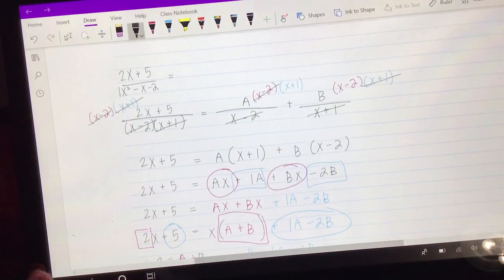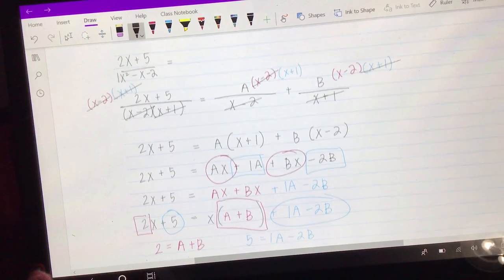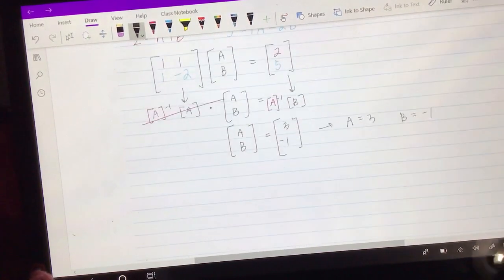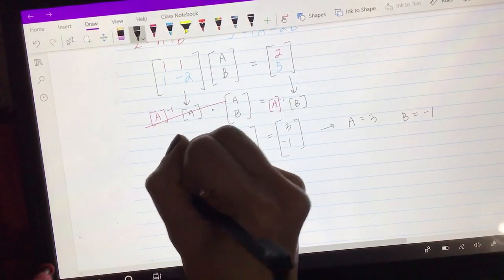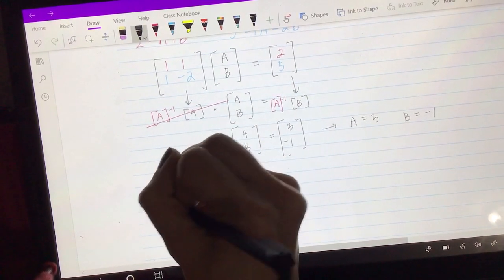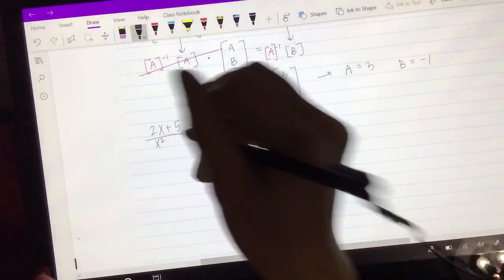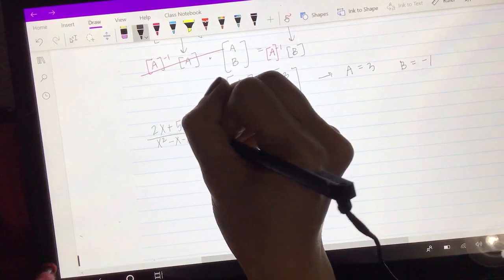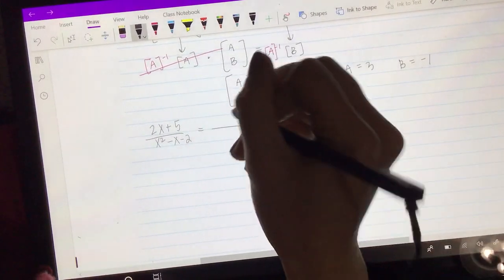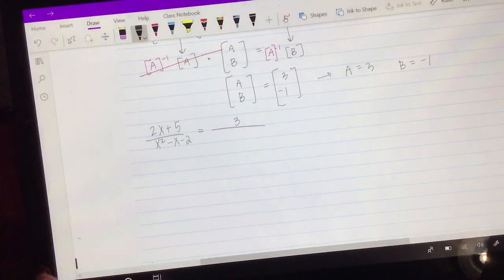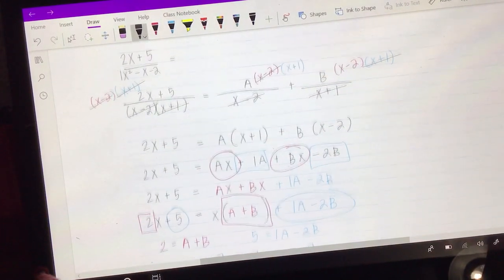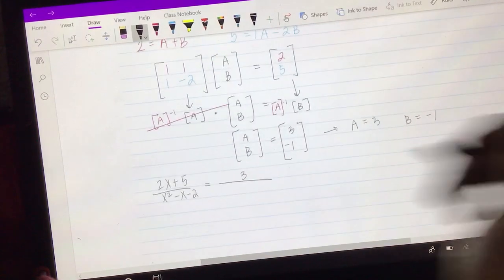So we have 2x plus 5 over x squared minus x minus 2 equals, our a value is 3. Our first denominator was x minus 2.